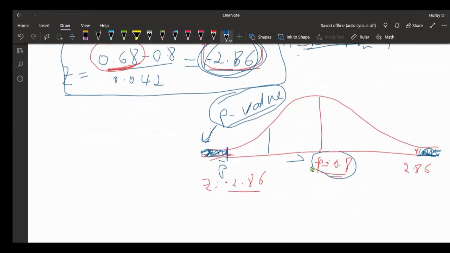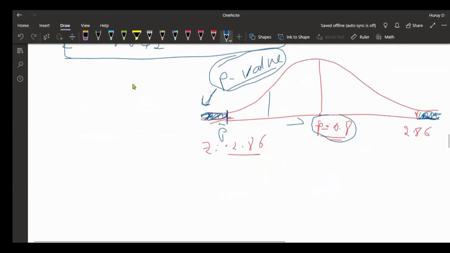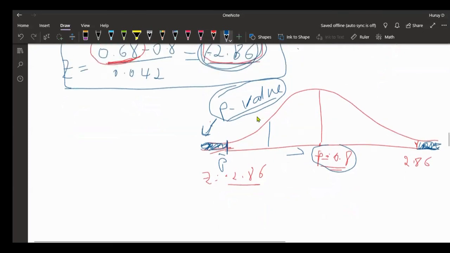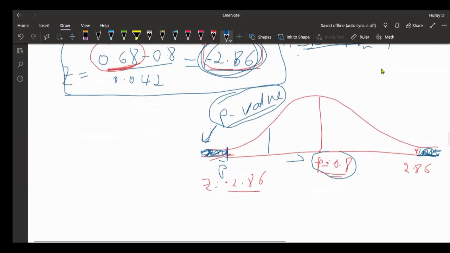So here I would like to mention three things. So one is when H sub A, sorry, is p not equals to 0.8.